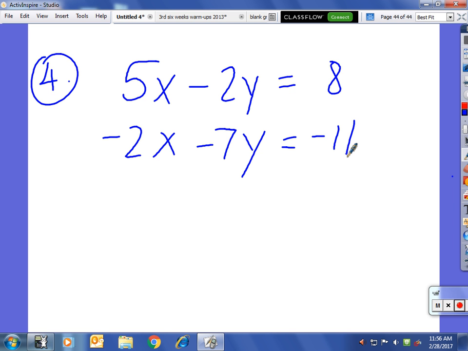Can you understand why? Because the x's have opposite signs at least. Do you see how the y's are both negative? If I want to force the y's to cancel out, I'm going to have to multiply by something negative, because I can't have two negatives. I've got to have a negative and a positive. So even though I could make the y's cancel, I'm going to focus on the x's because at least they already have opposite signs.